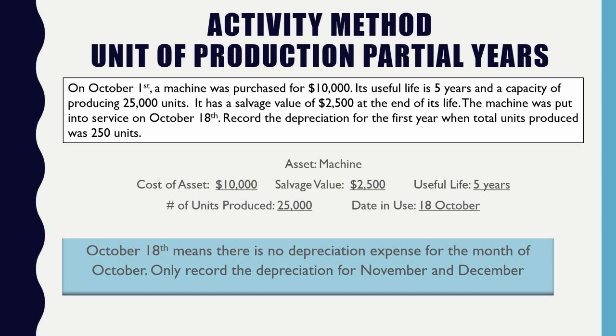They have an estimated useful life. In this case, the estimated useful life is 5 years, but we place it into service as of the 18th of October. So when do you actually start depreciating it?